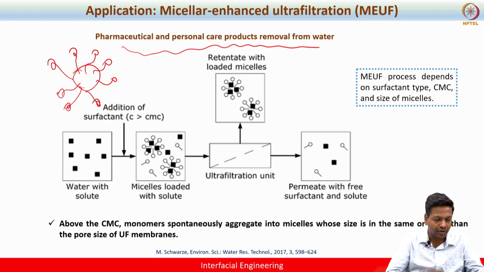So if we want to remove the pharmaceutical and personal care products, we consider that we have wastewater containing the target pollutants, or solute molecules. Then we have to add a desired surfactant. Depending on which products you want to remove, sometimes you may choose based on ionic target contaminants, sometimes non-ionic target contaminants.